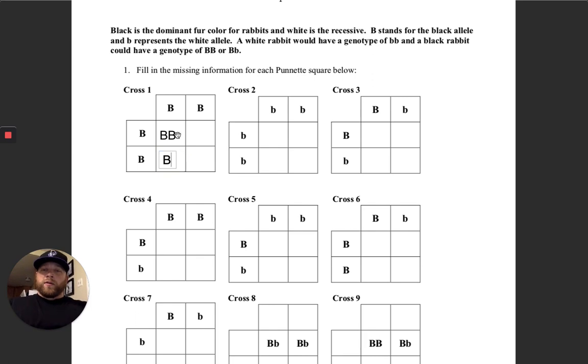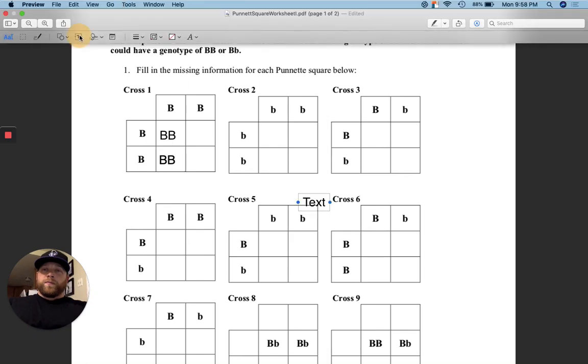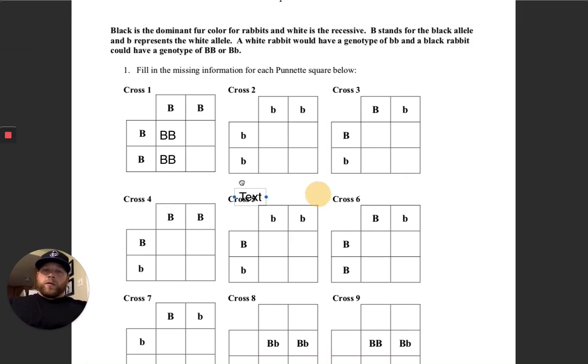We will have a capital B from this parent and a capital B from this parent. And if you didn't guess by now, there would be a capital B here from this parent and a capital B there. And here as well. Alright?